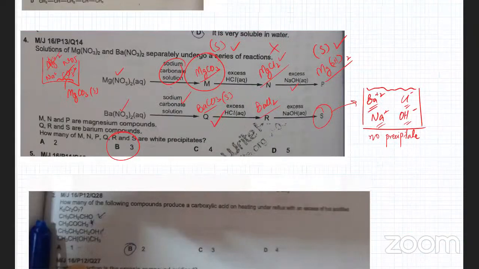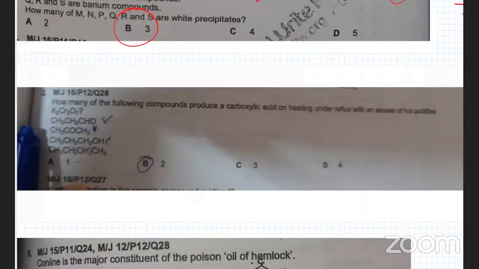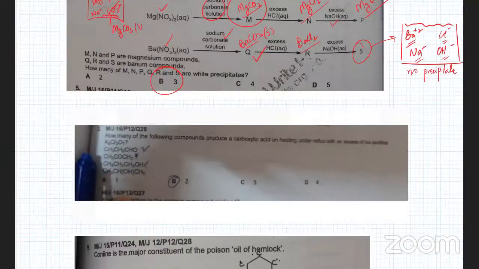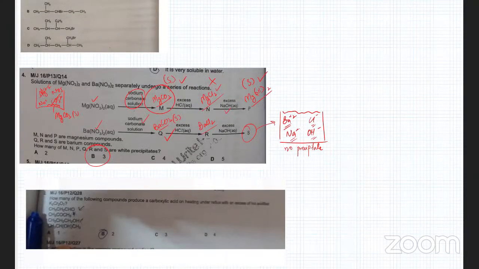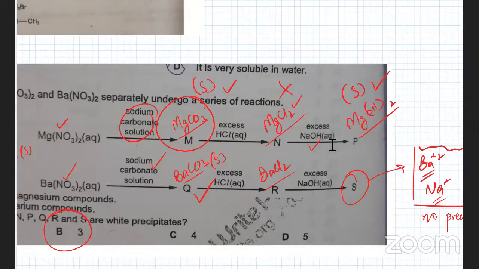As the next one, does this have to do with solubility increasing down the group? You have to know that barium hydroxide is soluble, magnesium hydroxide is not soluble. So in this one, there's going to be a precipitate.